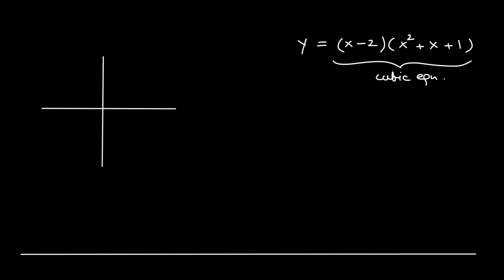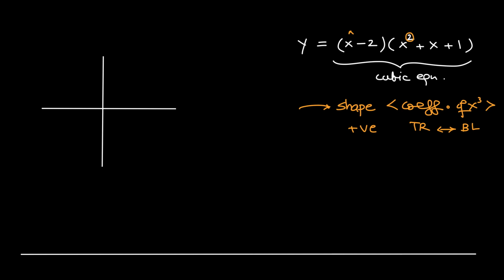If I simply focus on sketching the curve, the very first thing is, what is the shape of the graph? That is based upon the coefficient of x cubed, which is positive. Top right till bottom left, or vice versa.